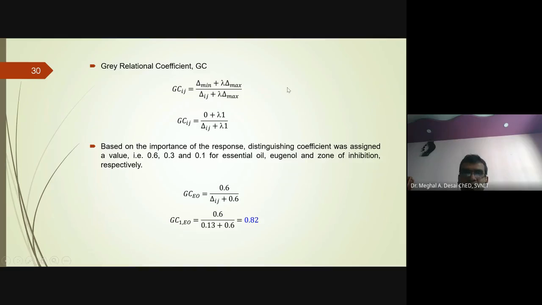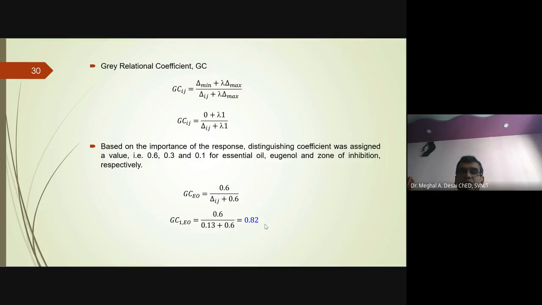For the oil, the equation now has 0.6 over here. Delta we have found as 0.13 for the first experiment. If I substitute 0.13 over here, what GC value will I get? 0.82.